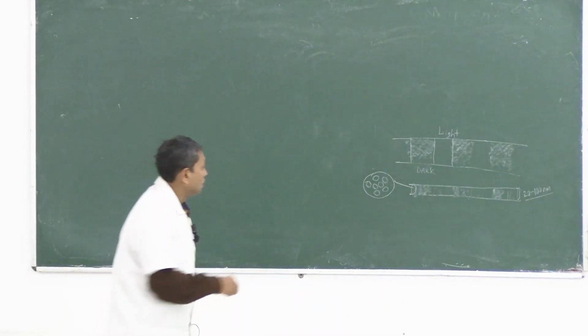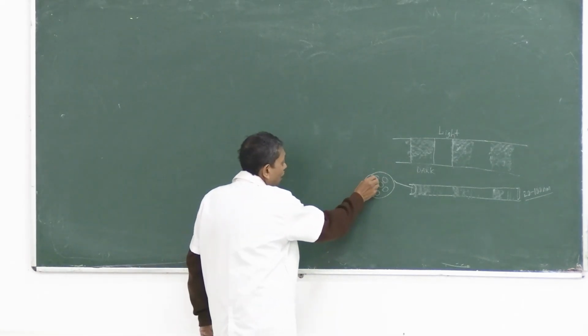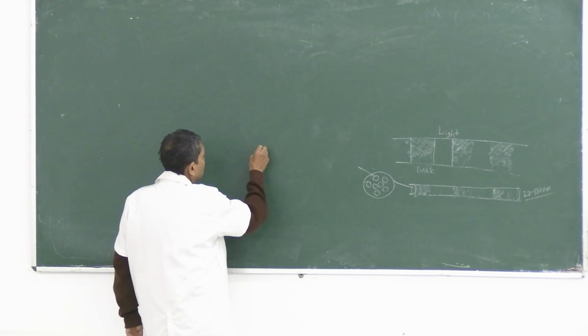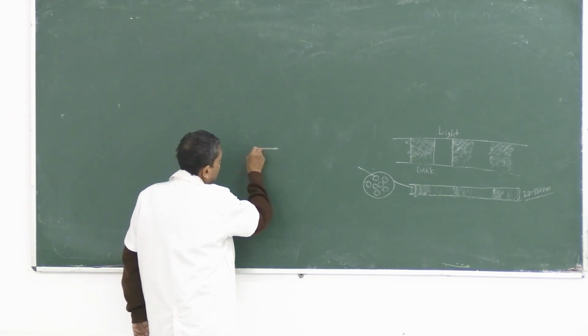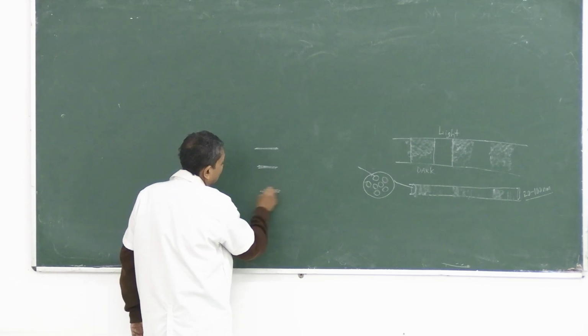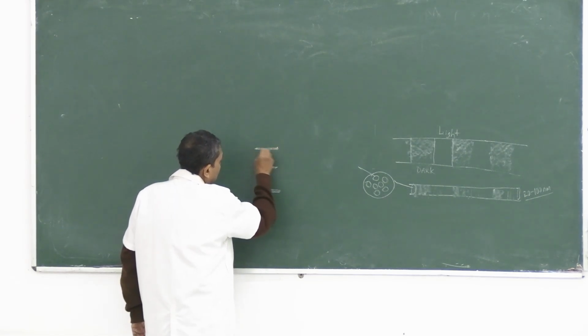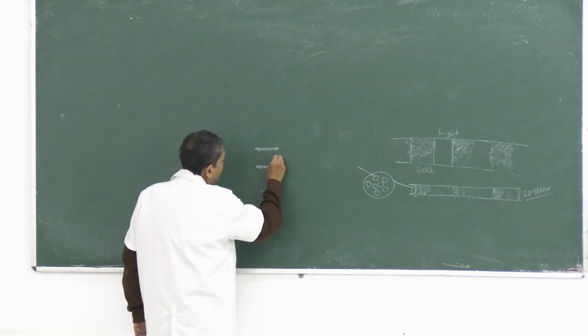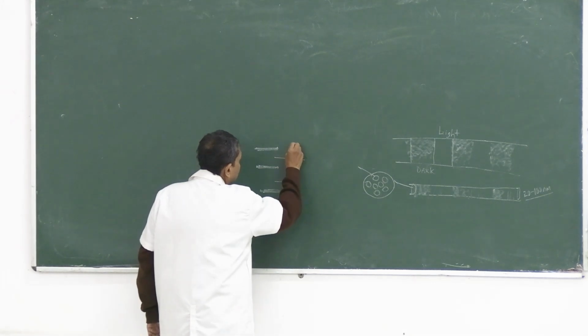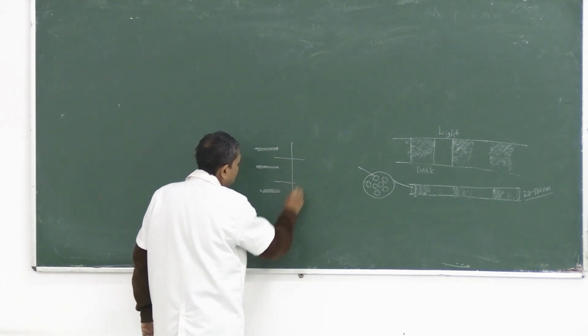Suppose in case of myofibril, you take a myofibril in this way, then you find that they are disposed in this way. Thick filament, and intermediate, this is the thin filament.